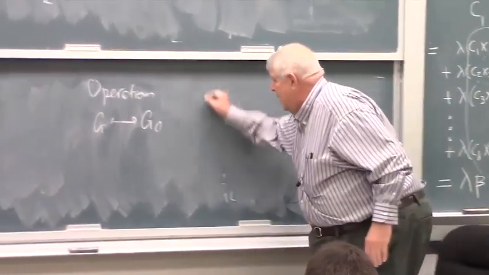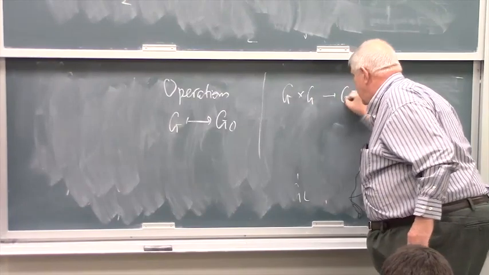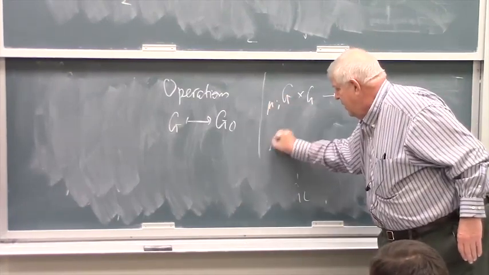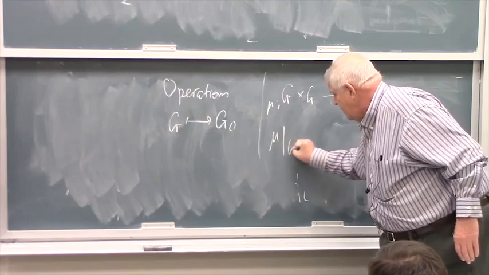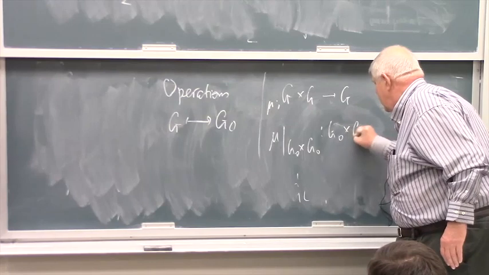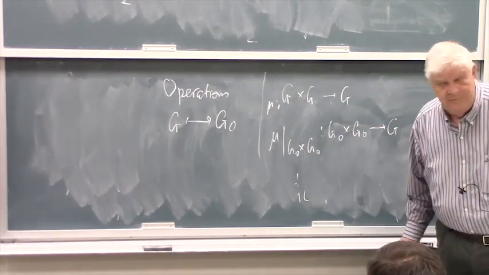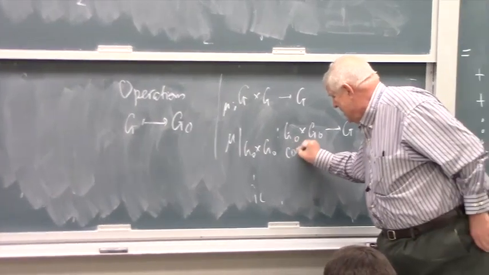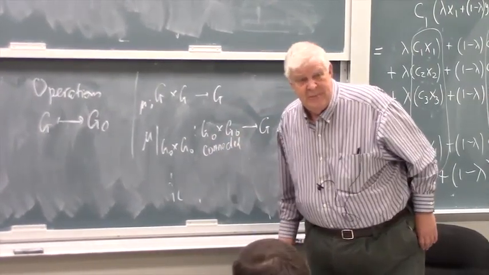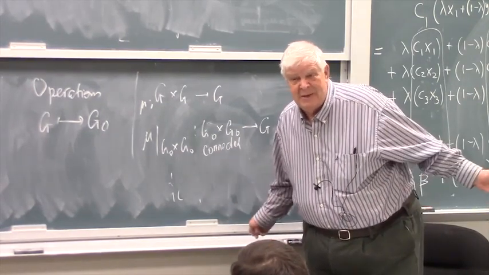So first of all, we have a map, mu, multiplication. In particular, the same mu can be applied to G0 times G0. This is connected, right? And the image is connected. The image of a connected, path connected, space is certainly connected.